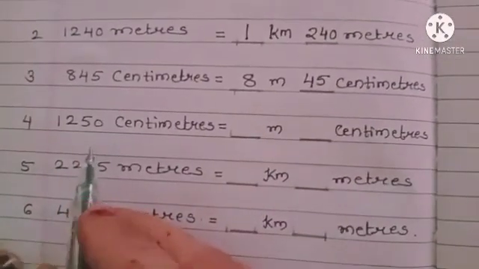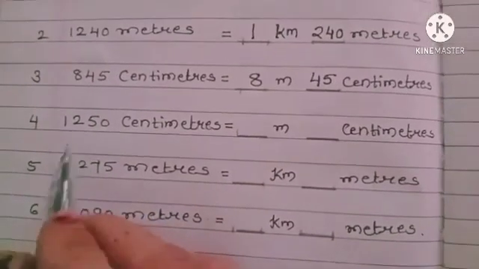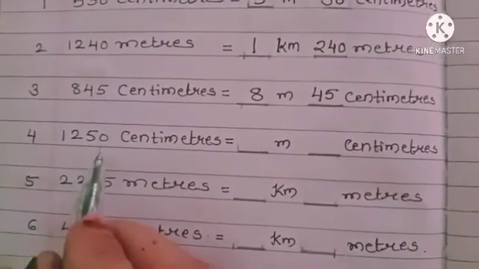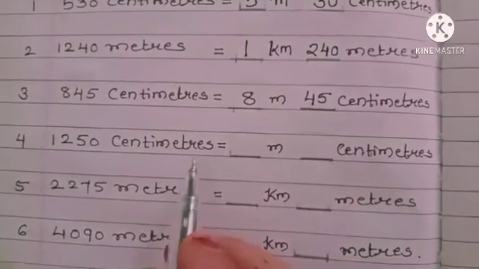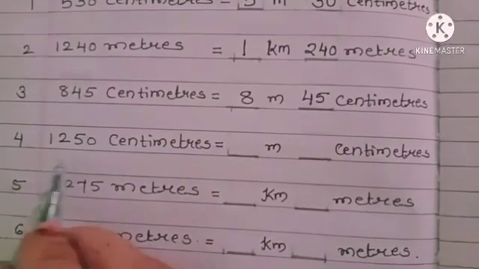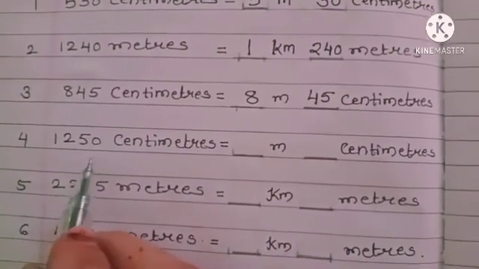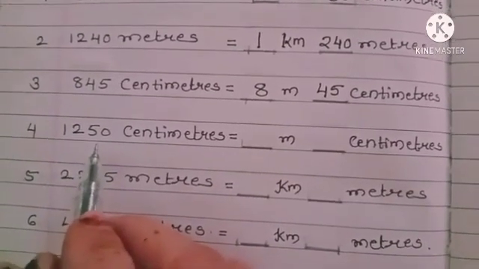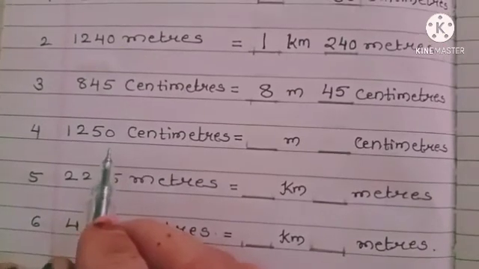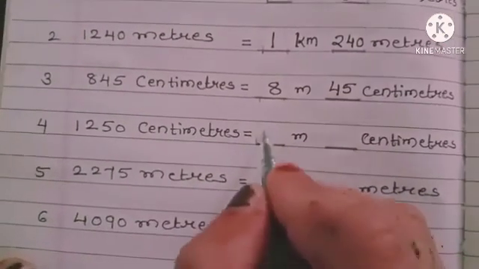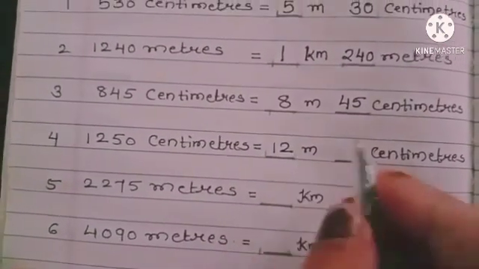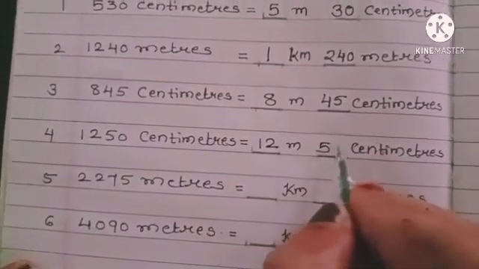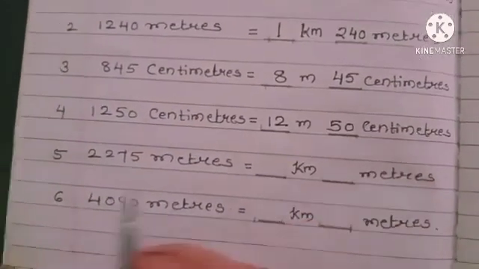Fourth is given 1250 centimeters. So if we separate this, it will be 1200 centimeters plus 50 centimeters. So 1200 centimeters means 12 meters. So write down here 12 meters and 50 centimeters.